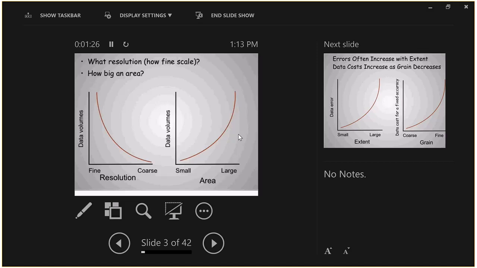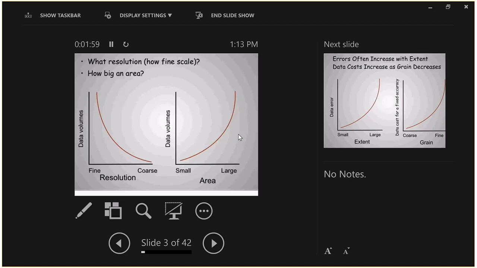And there's a trade-off between spatial resolution, in other words, how detailed our information is about the real world, and how big the data volume is. So given the same area that we're going to map, if we have very fine, detailed data, no matter what the data model is, and we'll talk about data models here in a second, we're going to have very big data volumes, huge amounts of data.